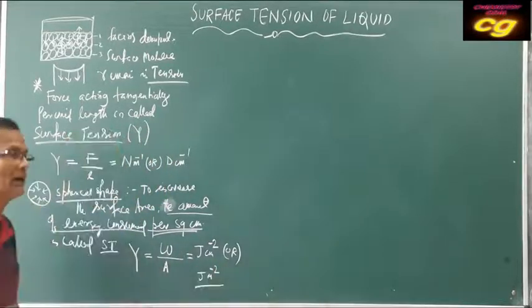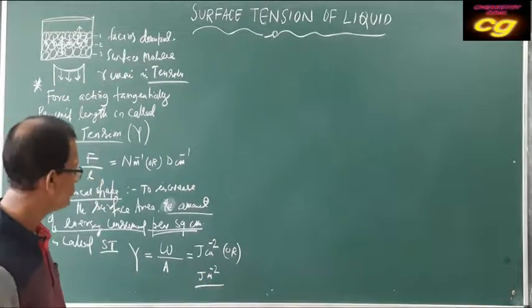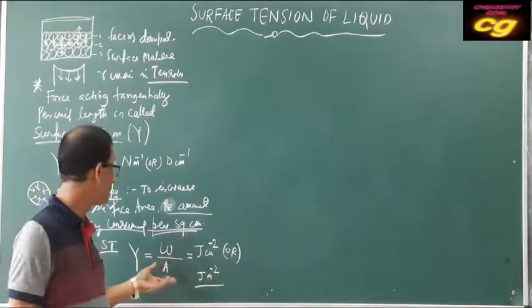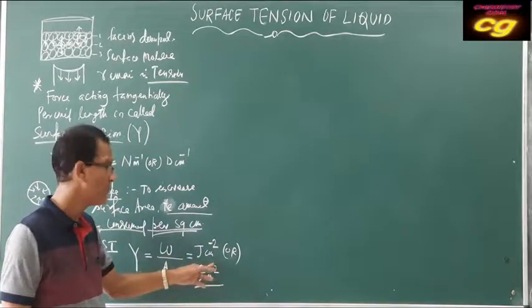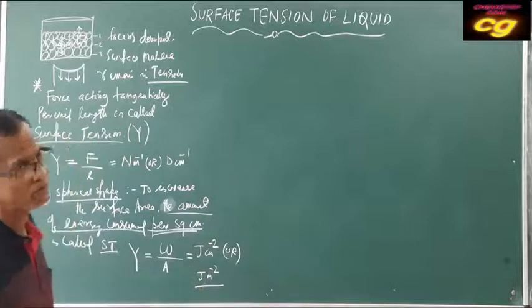These two units you can write, joule per centimeter square or joule per meter square. It depends upon the unit. If you are taking a centimeter square area, then it will be joule per centimeter square. If you are taking meter, joule per meter square.